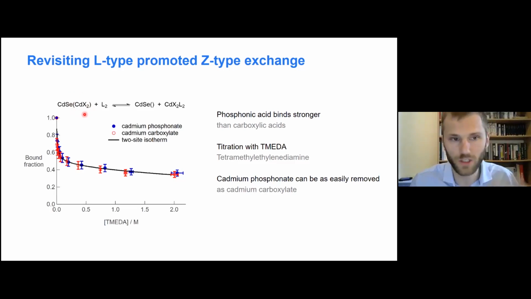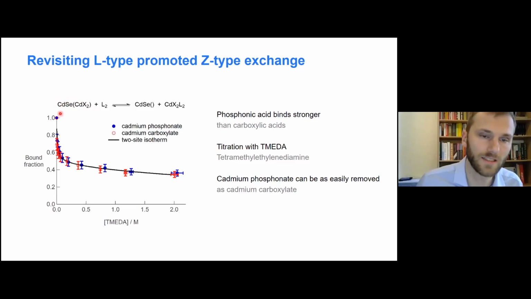For some reason, it's much stronger. Then you would expect it to interact more strongly with quetzalnite, but you would also expect it to interact more strongly with this L-type ligand. So there is both an energy gain on the left-hand side and on the right-hand side of this equation. Those two things balance each other out.